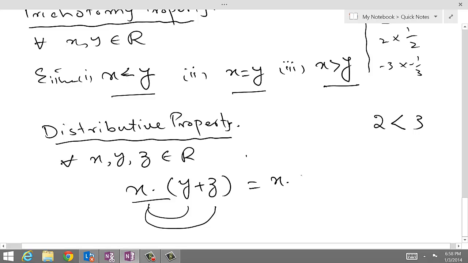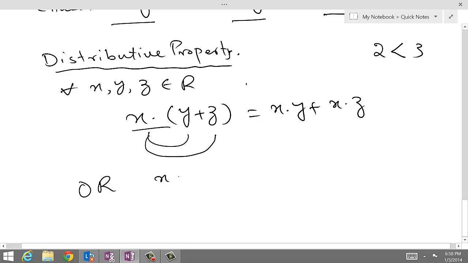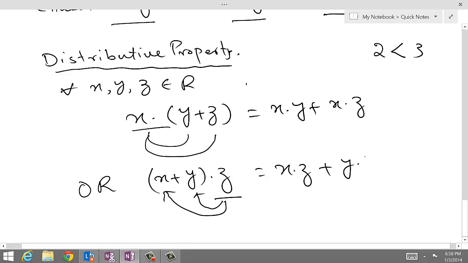This will give us x times y plus x times z. This is called left-hand distributive property because we are multiplying x from the left side. If we were to multiply x from the right side, we can say that (x plus y) times z is equal to, the same z will be distributed over the addition of x and y. So we will have x times z plus y times z.